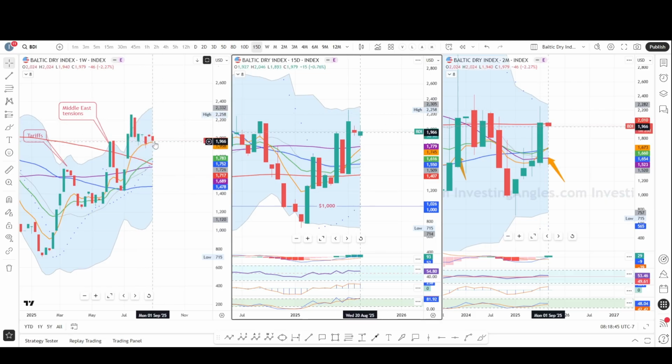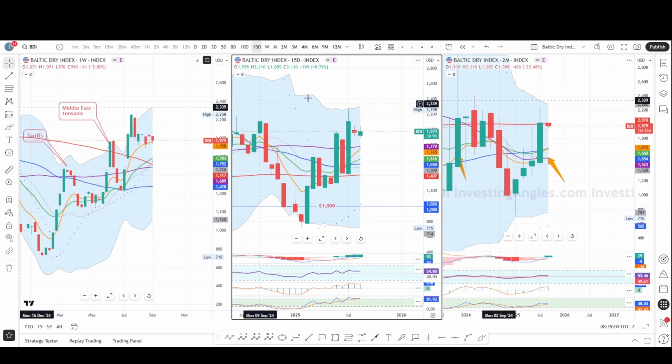It's still holding above the weekly 8 weeks moving average, which is the yellow line. And I would like to mention that we are getting closer to the 100 over 200 weeks moving average bullish golden cross, purple over red.